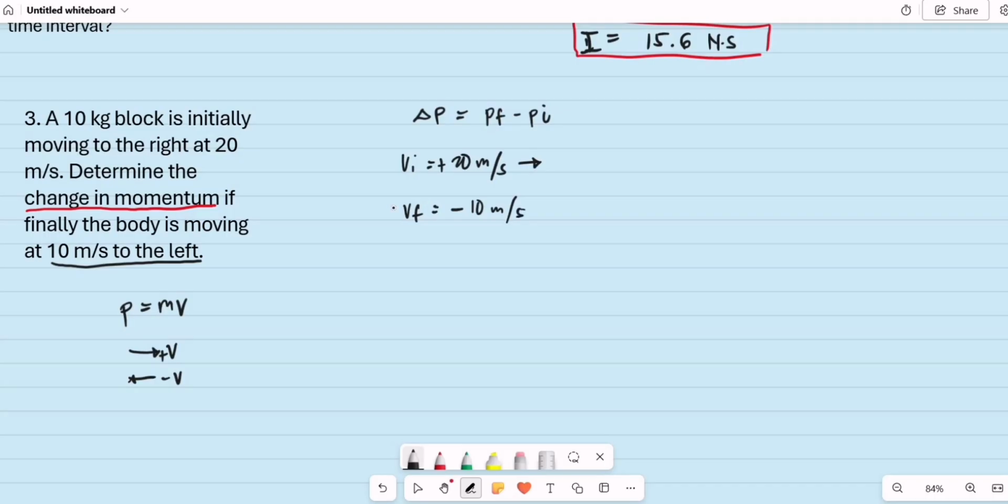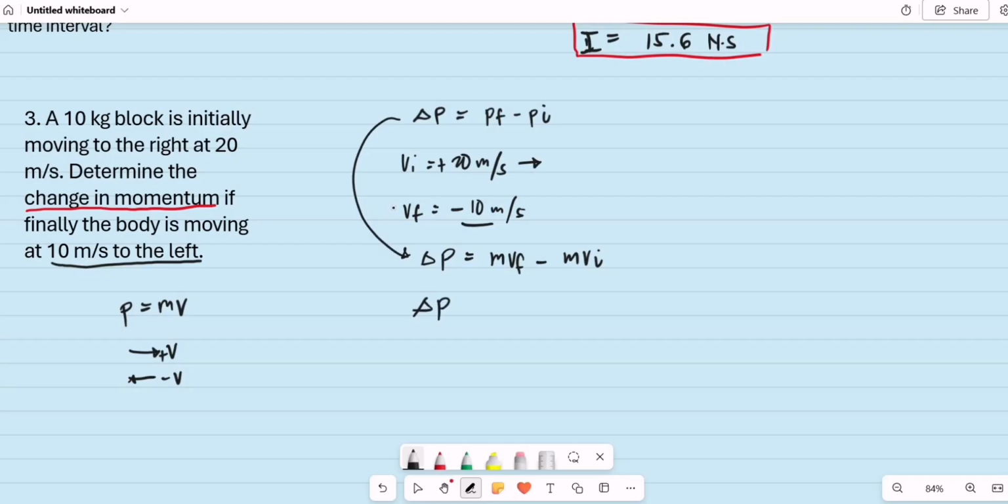Again, those are just sign conventions for the direction. So let us compute for the change in momentum. What is our final velocity? We have negative 10 meters per second, but this is the same as the mass multiplied by the final velocity minus the mass multiplied by the initial velocity.